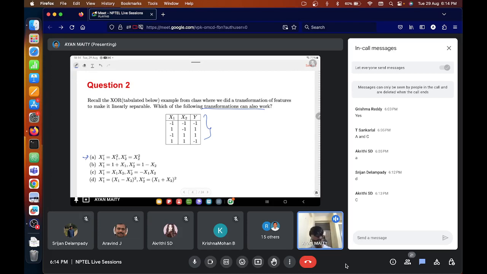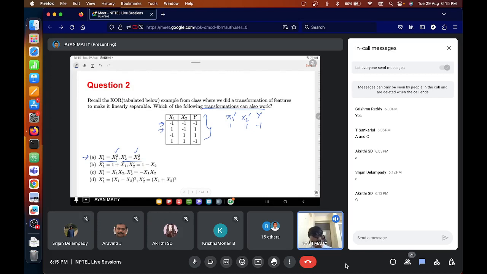The transformations are x1 dash equals x1 square and x2 dash equals x2 square. So if we do this transformation, we make another table. The first point is minus 1 minus 1, which would become 1 1 because we are squaring both x1 and x2, and y would remain the same, minus 1.